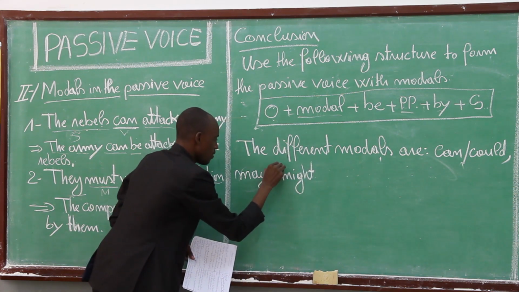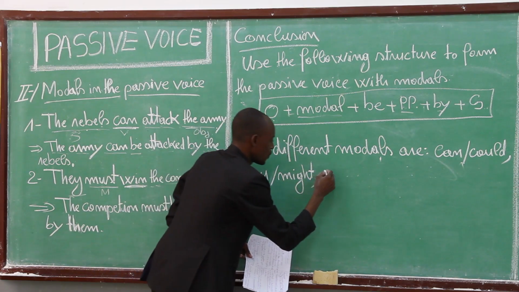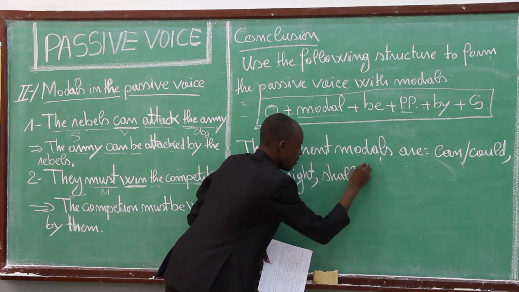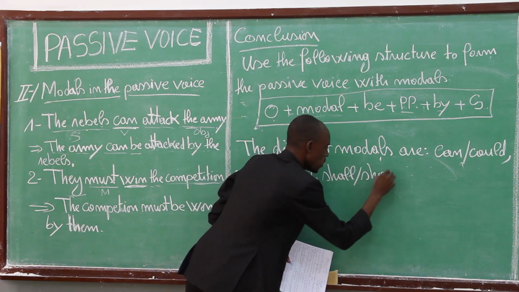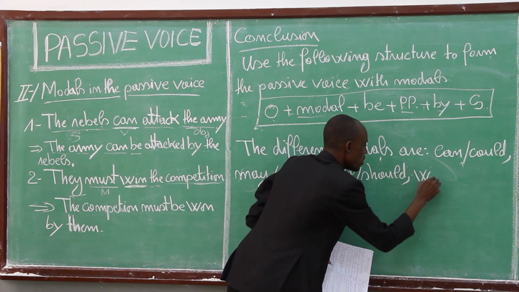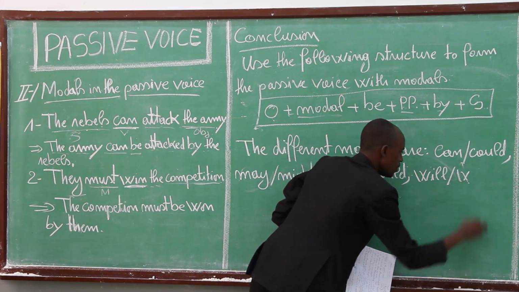You can write here: may or might. We have shall or should. We have will or would.